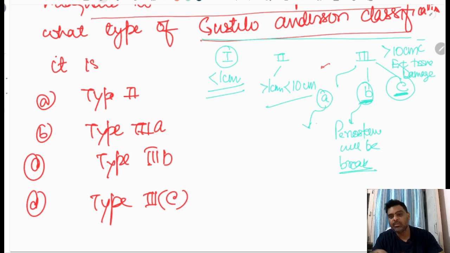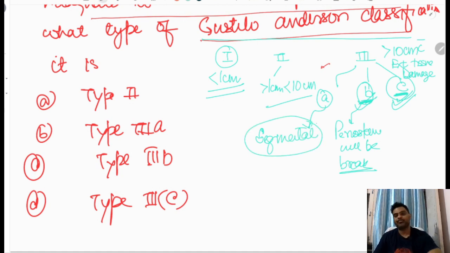That means there will be some kind of circulatory problem, that is, distal pulses will not be palpable or there will be massive bleeding. So in the question, they will give some kind of circulatory problem. If circulation is involved, it is 3C. If periosteum breakage is given, it is 3B. And if it is said that it is a segmental fracture, it is A. So this is how the Gustilo-Anderson classification is done.